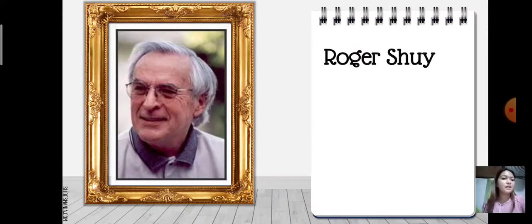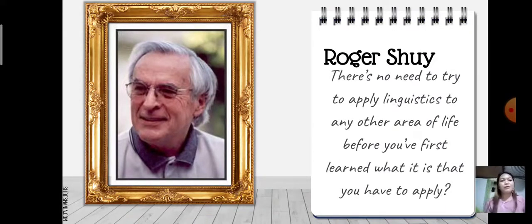So that is my report. So the end will be, according to Roger Shuy, there's no need to try to apply linguistics to any other area of life before you have first learned what it is that you have to apply. So according to him, he's also a linguist professor, you cannot be a linguist if you don't know anything about linguistics.